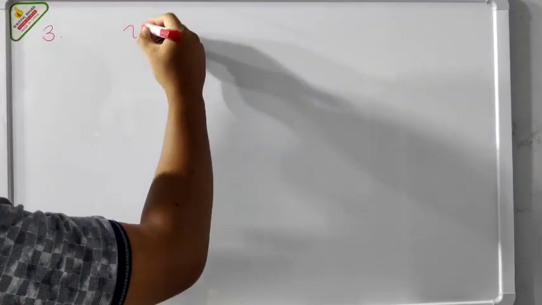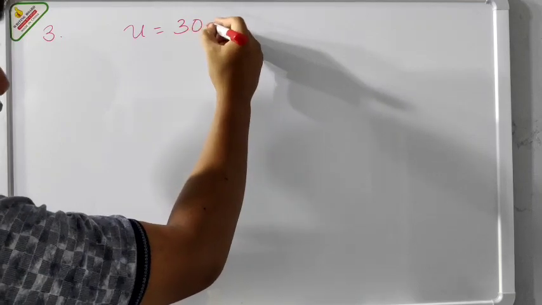Question number 3 is, a train is moving with an initial velocity of 30 meter per second. The brakes are applied so as to produce a uniform acceleration of minus 1.5 meter per second square. Calculate the time in which it will come to rest. The initial velocity is given, 30 meter per second.